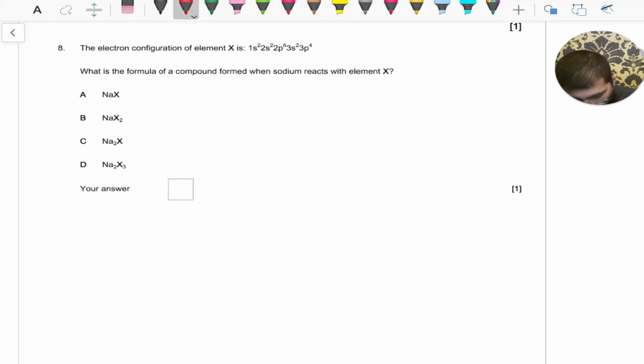Let's have a look. The electron configuration of element X is 1s2, 2s2, 2p6, 3s2, 3p4. What is the formula of a compound formed when sodium reacts with element X? Okay, so sodium is in group 1. It's going to form Na+ ions, right? Now we've been told that the electron configuration of our element X ends in 3p4.